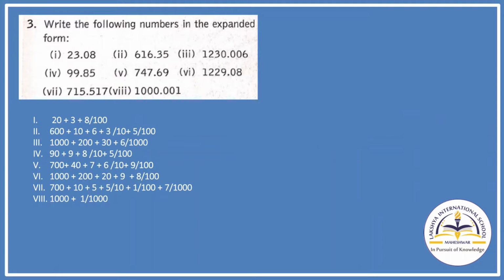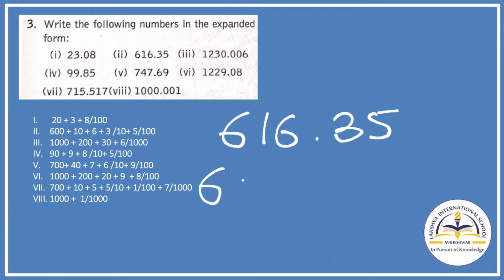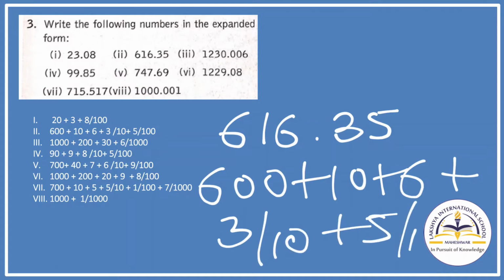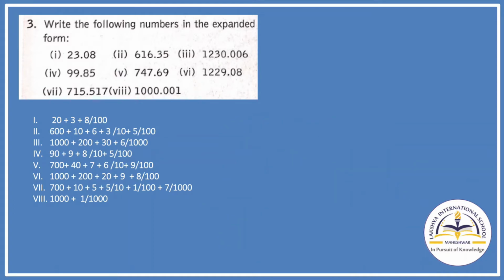Now we will see question number 2, that is 616.35. Now 600 plus 10 plus 6 plus 3 by 10 plus 5 by 100. This will be the answer.